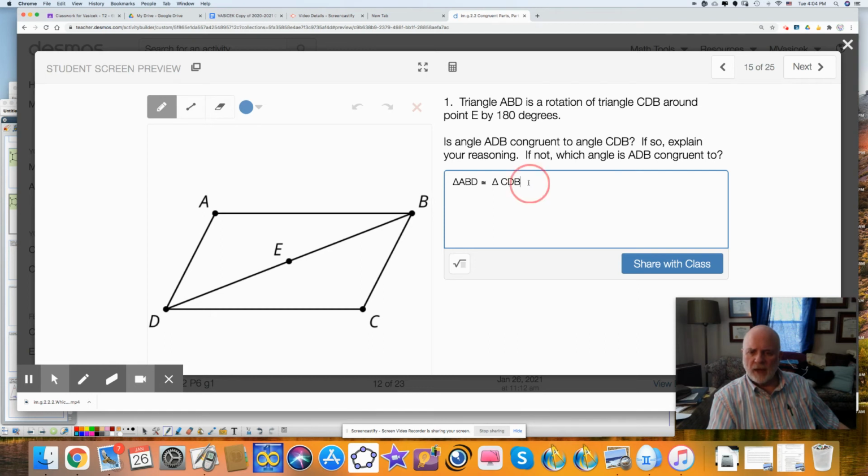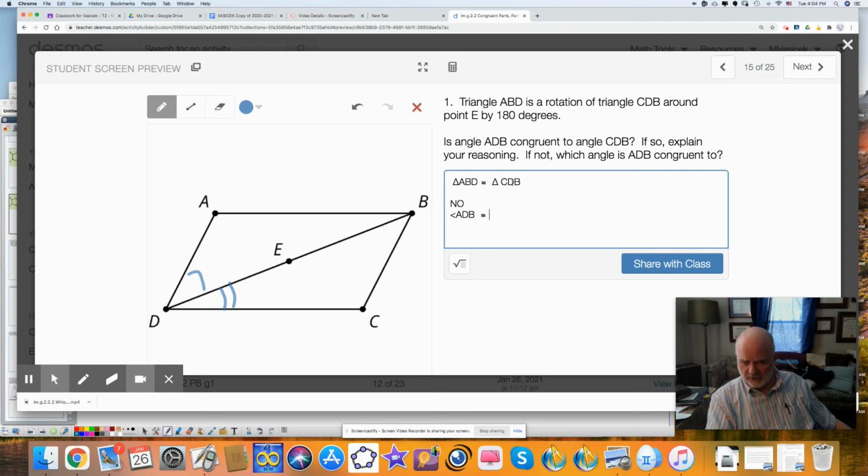And is angle ADB congruent to angle CDB, this angle? And the answer is no. Why? Because angle ADB should be congruent to, if I look at the congruent statement, ADB, that's the first letter, the last letter, the middle letter.